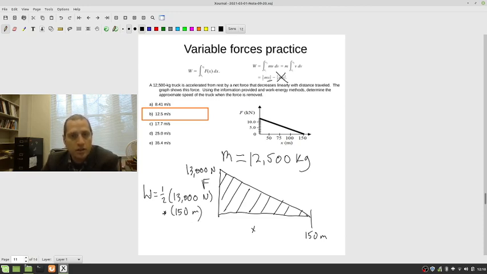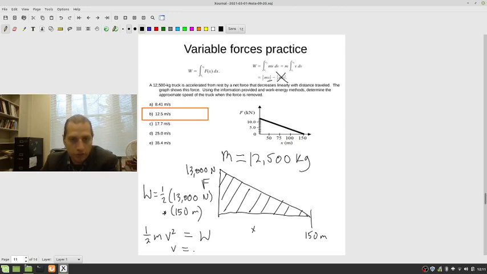Okay, so that's your work, and then if you wanted to go ahead and find out what the speed was at the end, you would go 1/2 m, where we know the mass, v squared equals w.